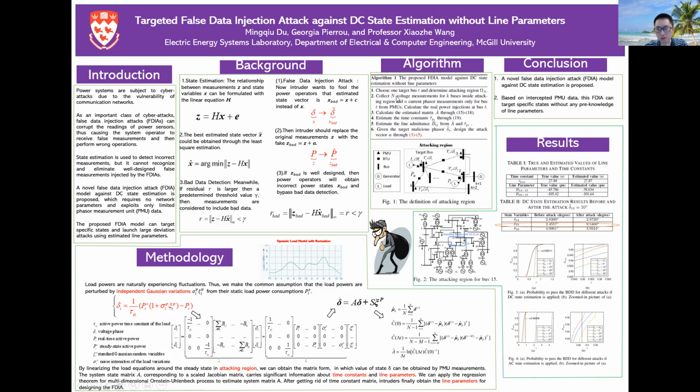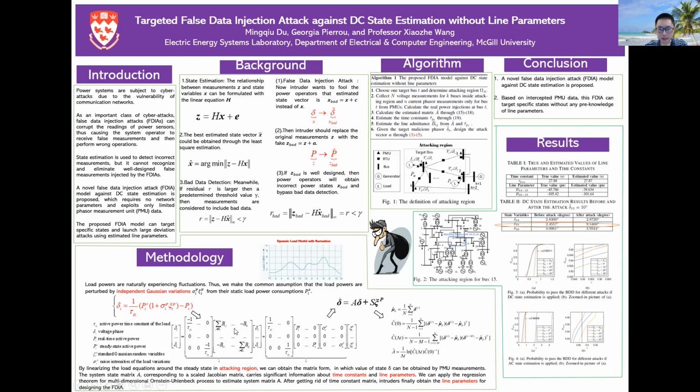So in summary, the algorithm can be formulated in this way. As step 1, we need to choose one target bus T and determine the attacking region omega A. Next, we need to collect the voltage measurements for all buses inside the attacking region and the current phasor measurements only for the target bus T. Third, we need to calculate the estimated matrix A through the equations.